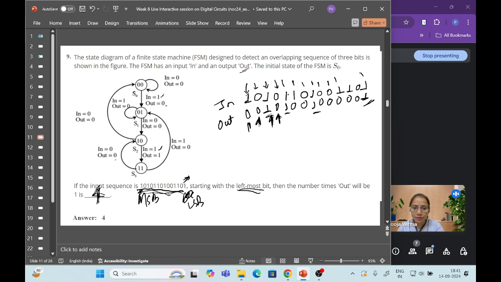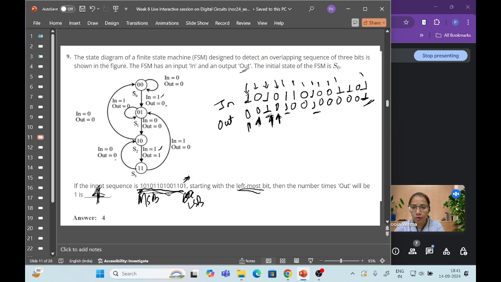Now check the next bit, that is 1. For 1, where is it going? It is going to state 00, right? And where are we? Here, I think it is here, 10.